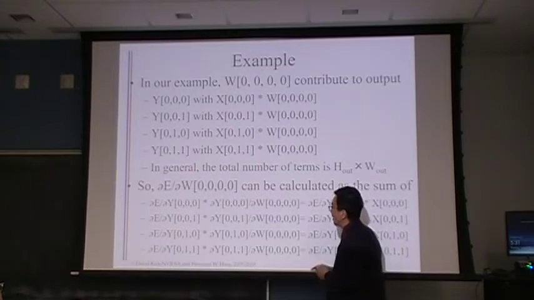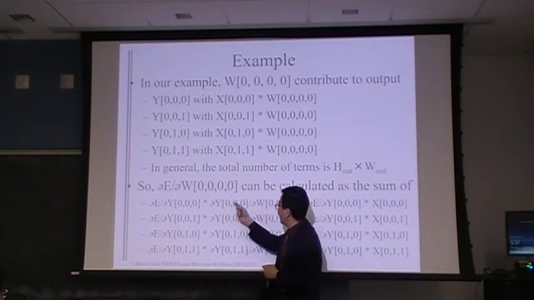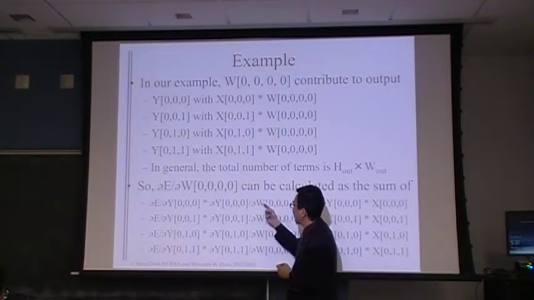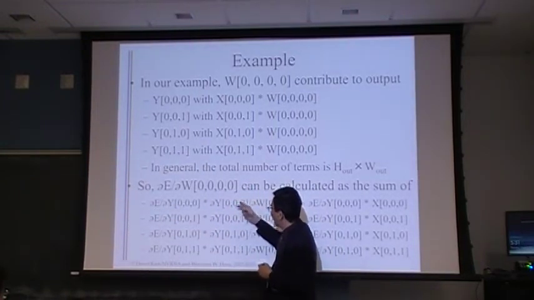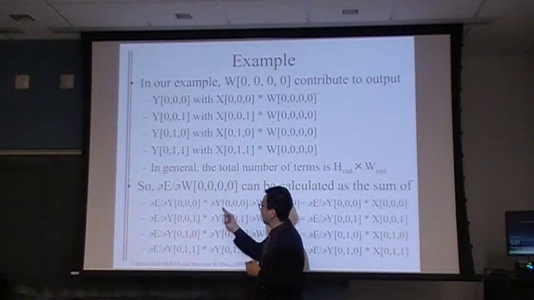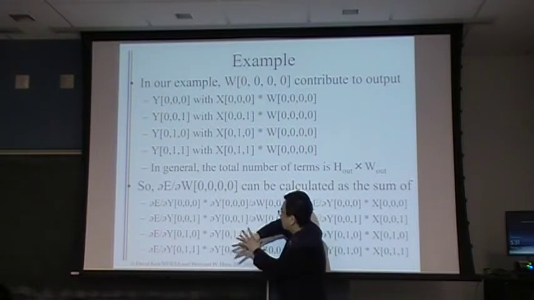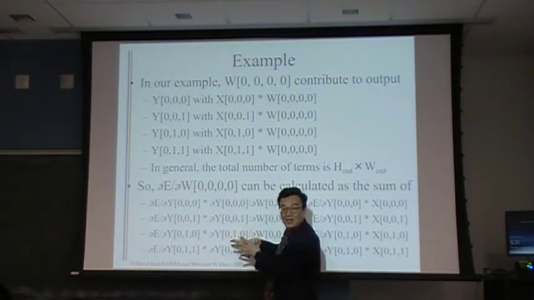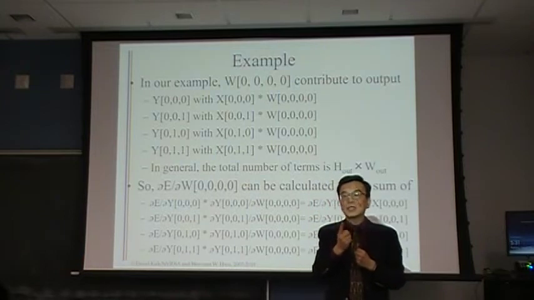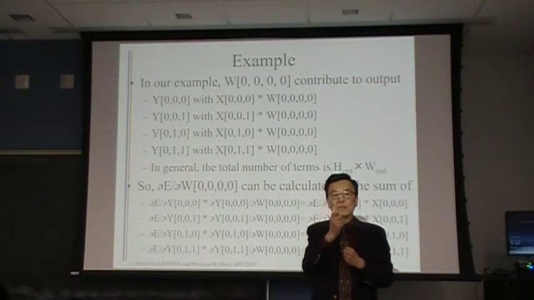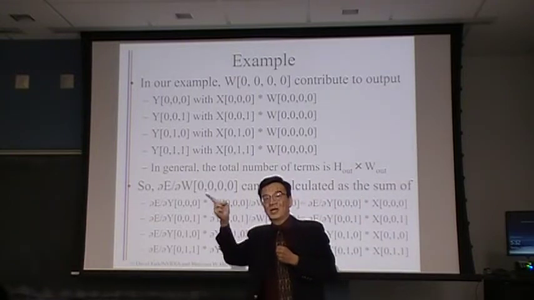And in order for me to know the importance of W to E, I'm going to need to go through this intermediate function. The intermediate function is how the W affects all these Y's, right? So basically, I'm trying to figure out how many ways there are for that W000 to get to the error value.